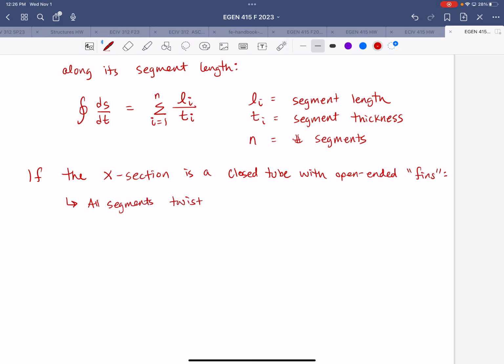We still have the criteria that all segments will twist through the same angle of twist phi and the same rate of twist theta. Remember that's always going to be true.